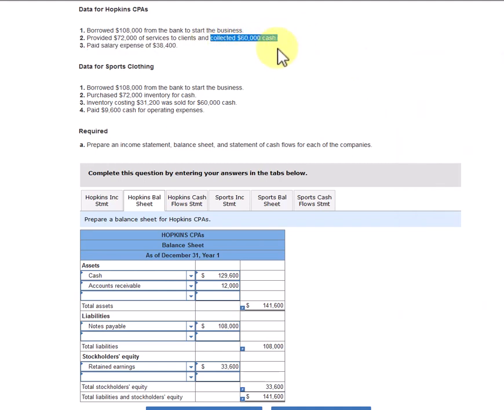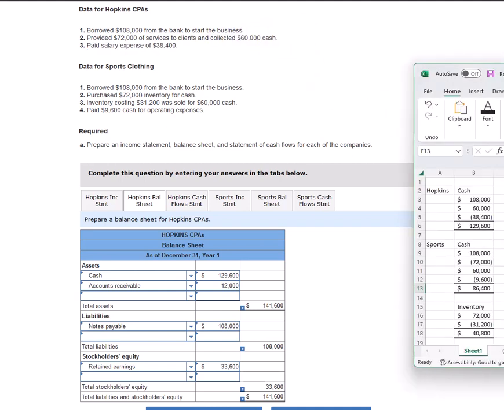That is the amount of cash that was collected from the customers. And then you're going to subtract the $38,400 because that's the amount of salary expense that was paid to the employees. So $108,000 plus $60,000 minus $38,400 gives us $129,600, and that is what we see here. Again, you can use the numbers that you see here in place of the numbers that we have here, and that will allow you to compute the cash balance.